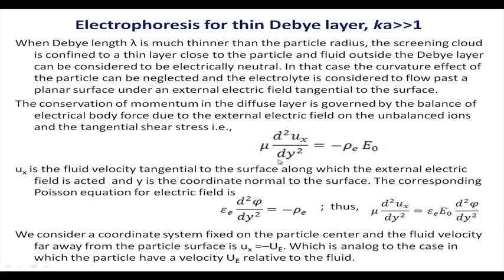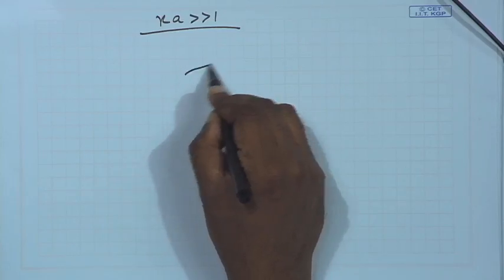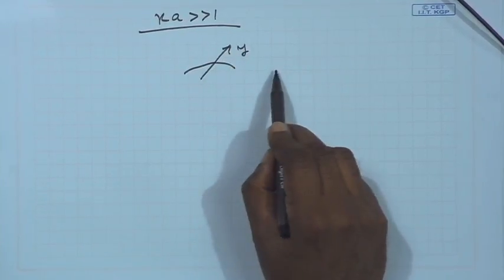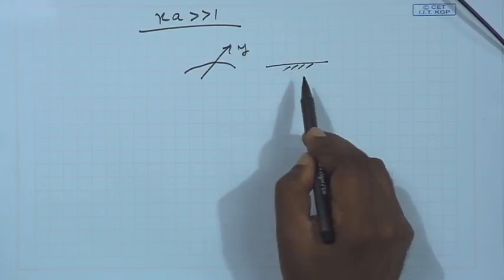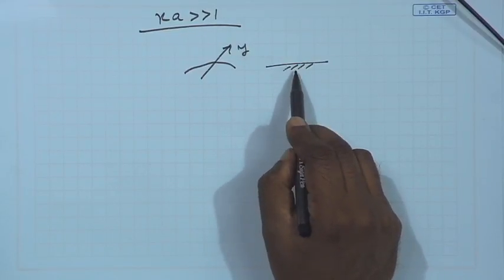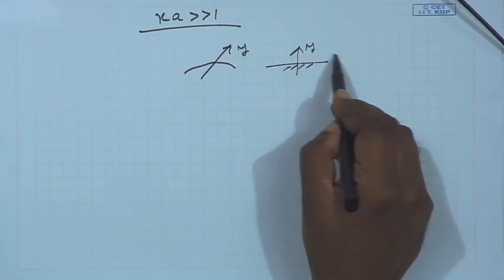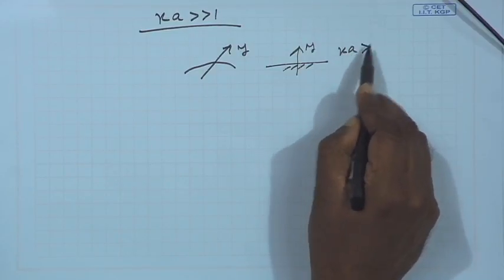So, the conservation of momentum is basically the shear stress and the electric body force, and the Poisson equation can also be written, where y is of course the normal direction. So, that means we have, say, this is the particle. So, let us talk about y. In this case, of course, we have taken the surface as flat, because kappa is very, very large.